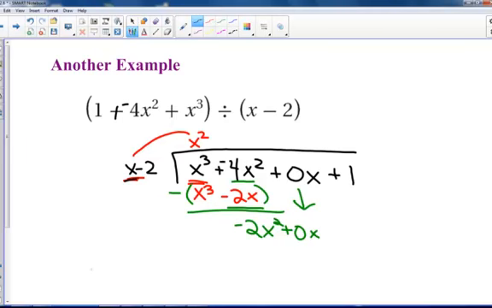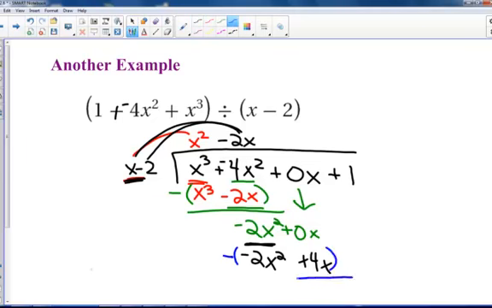X times what gives you negative 2x squared? That's a negative 2x. So negative 2x squared and a positive 4x. This is why we need that placeholder. We're going to subtract the whole thing, and we get a negative 4x. Bring down the 1.